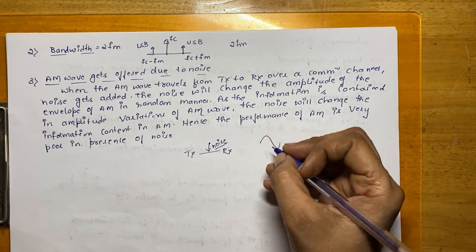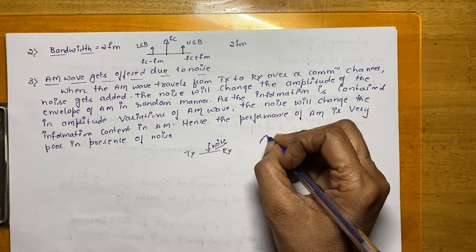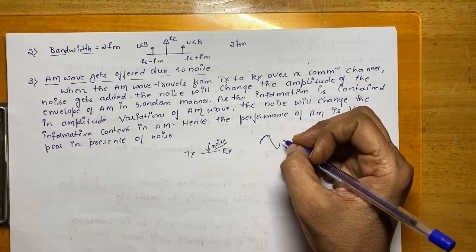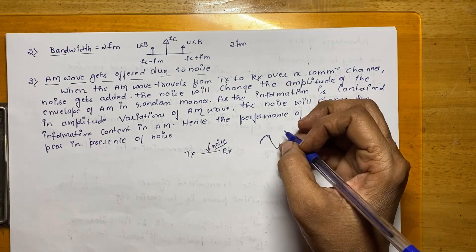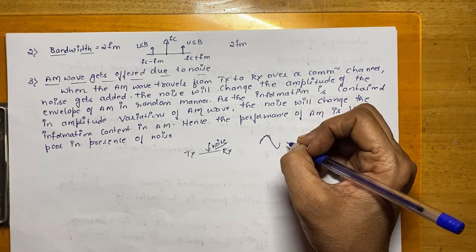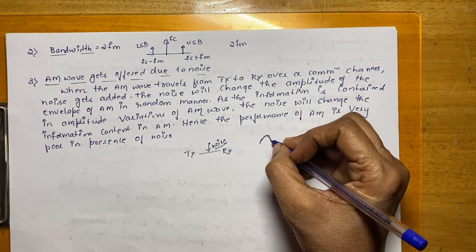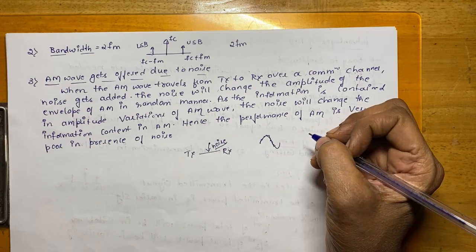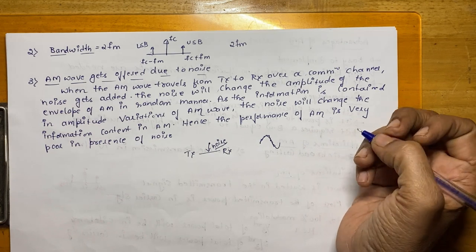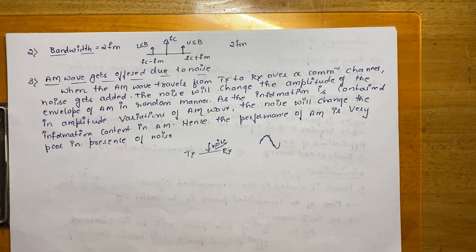The noise will change the amplitudes of the envelope of an AM wave in a random manner. As the information is contained in the amplitude variation of an AM wave, the noise will change it. This noise can change the information content in an AM signal. Hence, the performance of AM is poor in the presence of noise. Thank you.